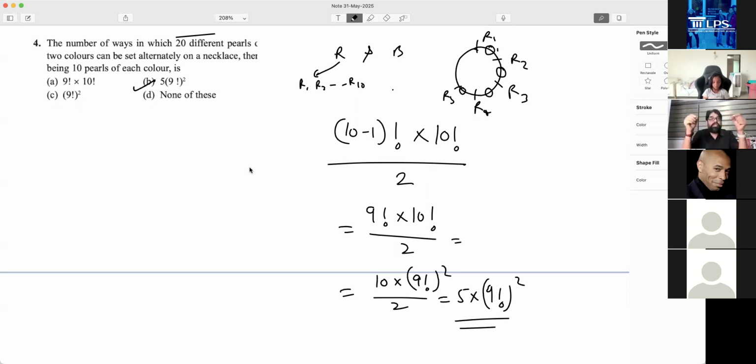See, if you go to a jewelry shop and see a necklace, and you turn it over, it won't give any difference. Yes or no? So clockwise and anticlockwise are not different, so the total counting is divided by 2. Okay, that's what I mentioned in the theory also. If clockwise and anticlockwise are different, then only n minus 1 factorial. If they are not different, then n minus 1 factorial by 2.